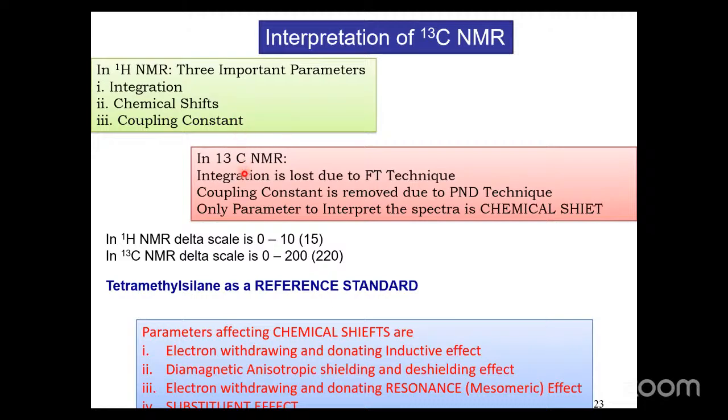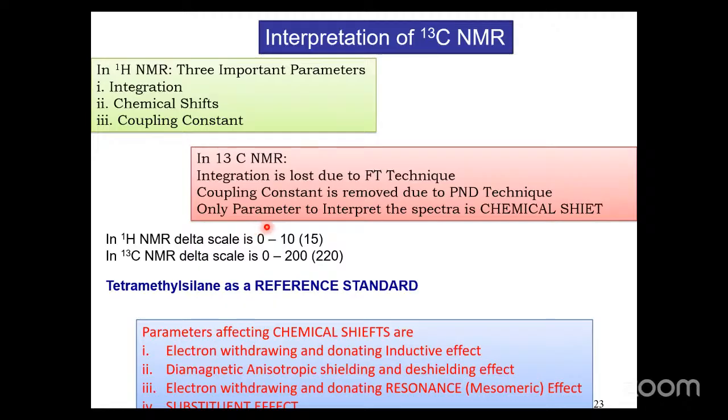In carbon-13 NMR, due to the Fourier transform technique, we lose integration. The coupling constant is removed due to the PND technique. So the only parameter left is the chemical shift.